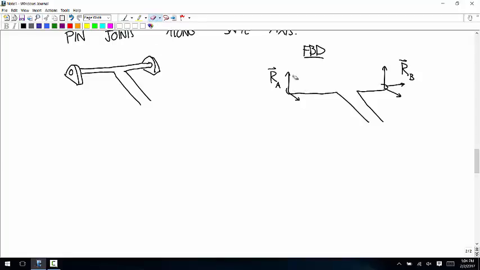So this shouldn't have that component. And then, if I draw one that does have thrust, that's right. Yep.